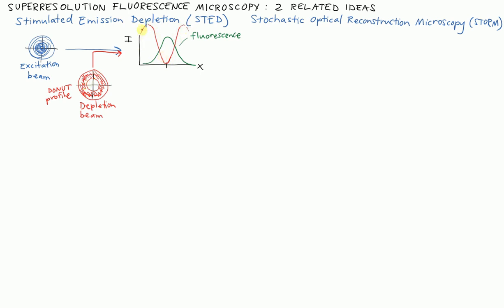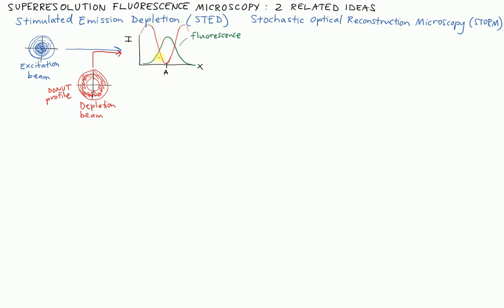The important thing about this technique, which I'll explain more below, is that regions where we shine an intense depletion beam, like where the intensity is high here and here, it's going to suppress fluorescence emission. So even at these regions as we creep in towards the center, which I'll label with x-coordinate A, right at A, I'm going to get just about as much fluorescence as I would have without the depletion beam.